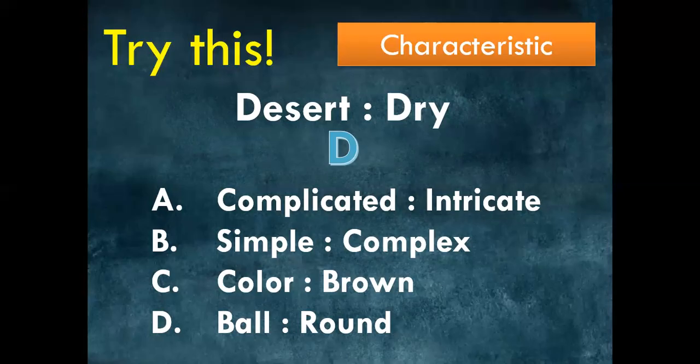Color is to brown. Brown is a type of color. One type of color is brown. And therefore, the correct answer here is ball: the characteristic of a ball is that it is round.